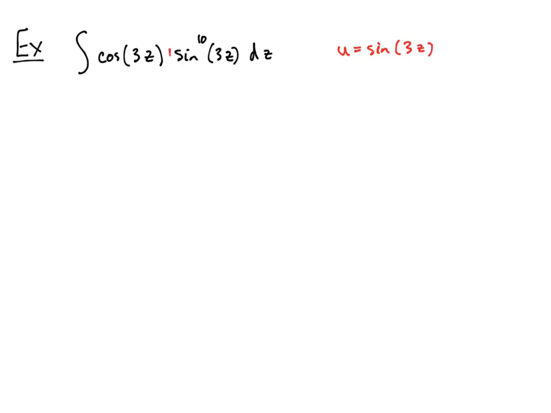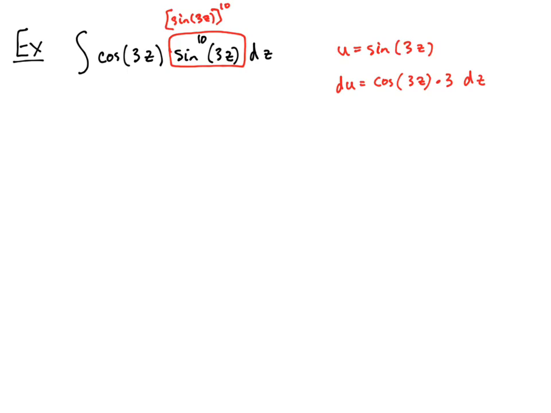Okay, remember, this is the same thing as sine of 3z raised to the 10th power. So the inside function there is just sine of 3z, not sine to the 10th. Now, taking the derivative of our u equation, the derivative of sine is cosine of 3z, and then applying the chain rule, we have 3, and then that'll be times dz.